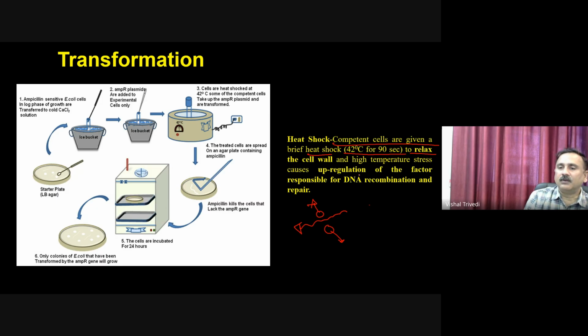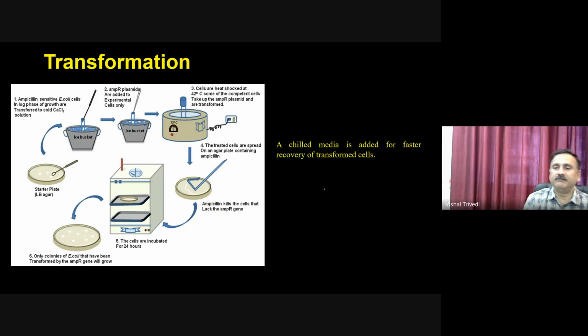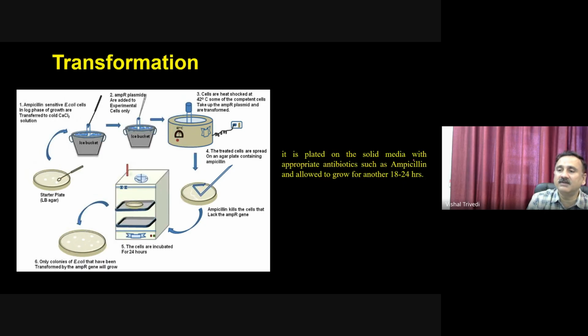Okay, so you basically have to do the heat shock, and that is going to induce the upregulation of the factor which is responsible for the DNA recombination and repair. Then in the second step, once the heat shock is over, you add the chilled media. That induces the recovery of transformed cells, and then you plate these cells on a solid media containing the selection marker.